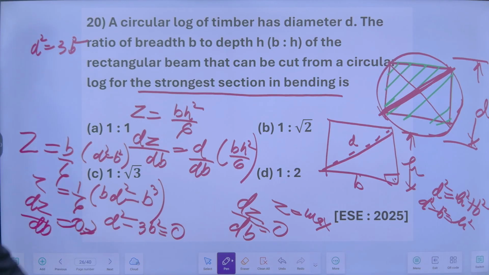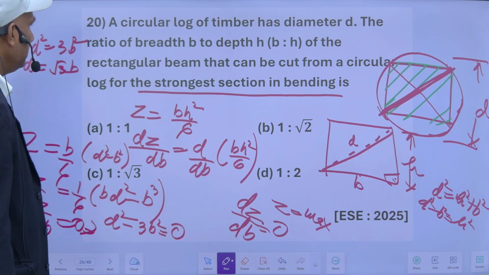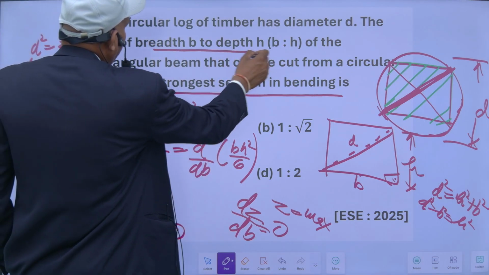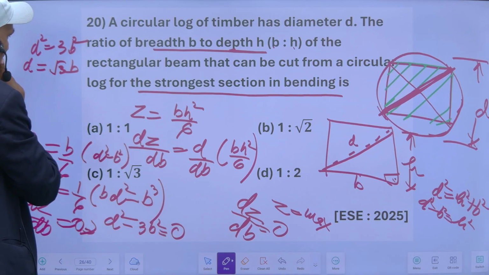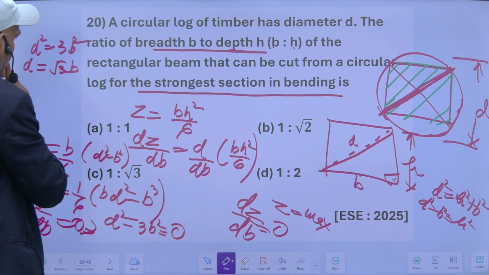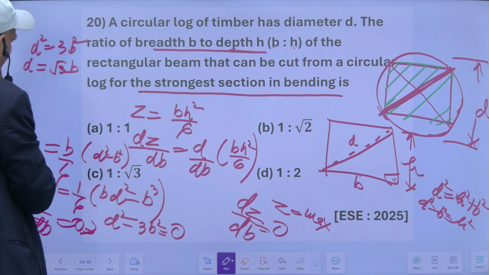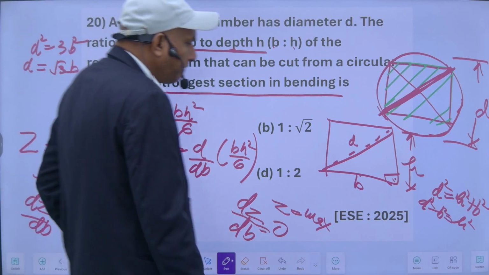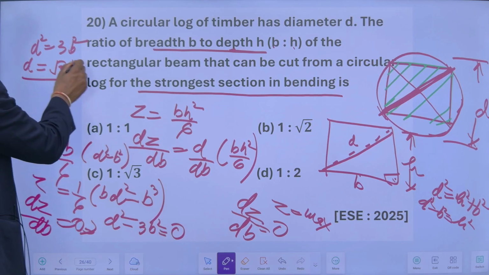So it means d is equal to root of 3 into b, and I have to find the ratio of the width to depth, b upon h. So this is the equation.